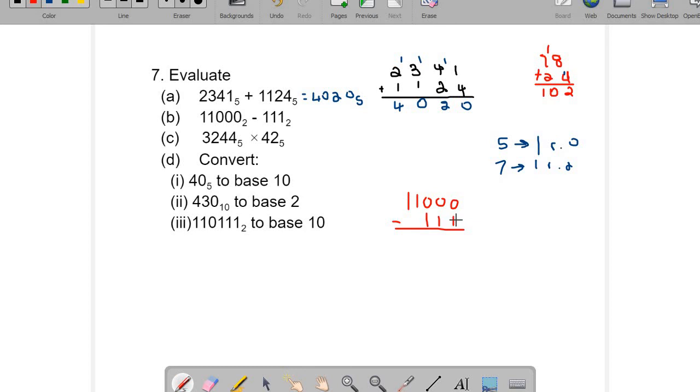Since we can't do that, we're going to take a 1 from the next place value, and we're going to carry that to the place value where we want it to be. So you're going to keep taking 1 until you get it to a place value where you want it to be.